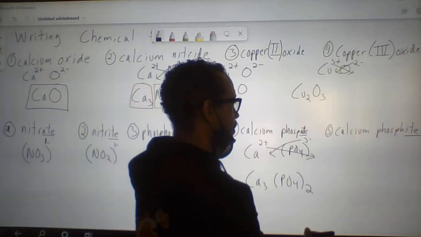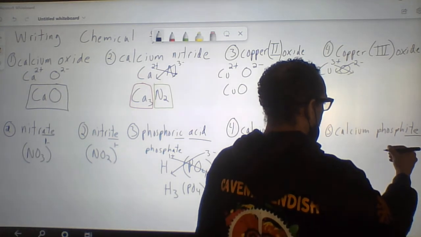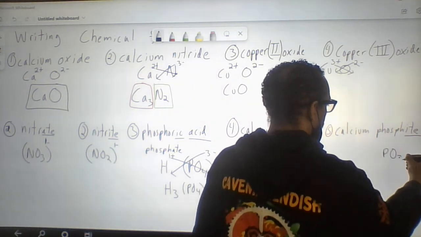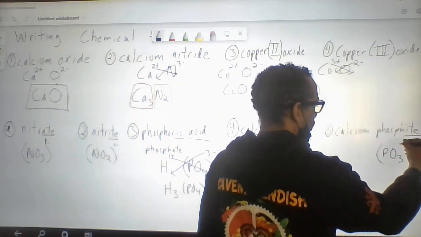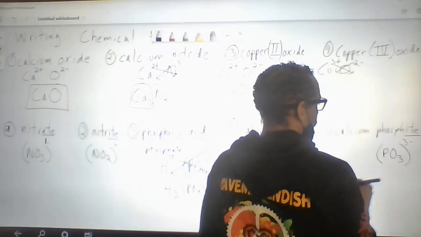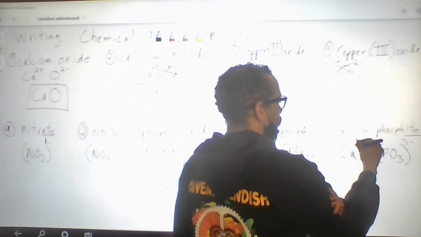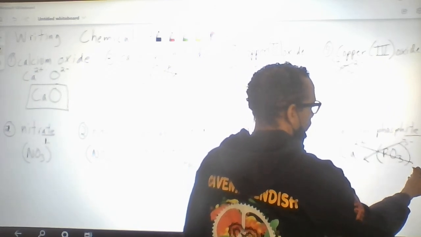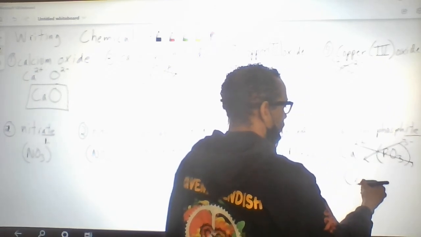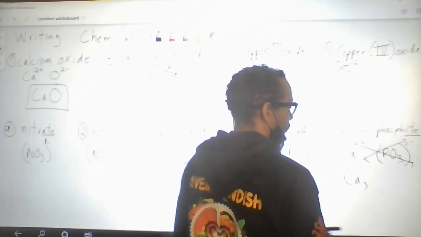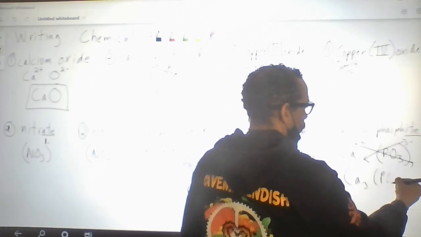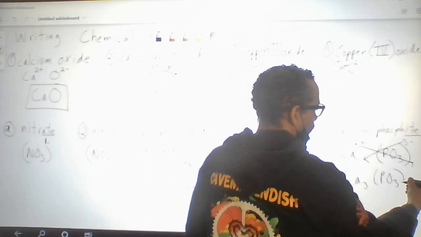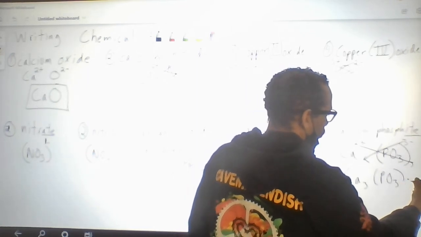All right, so now instead of phosphate, I know that this guy lost 1 oxygen. Charge is still going to be the same. And I just need to write this one, 2 plus. Oh, this is easy. That's a cross and drop because they're different. So this would be calcium 3, and then PO3 with a 2.